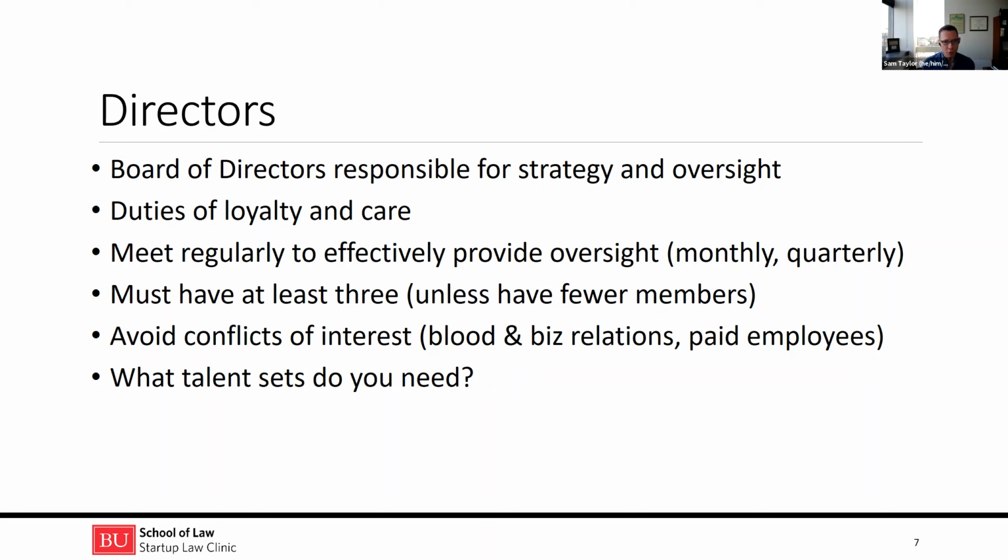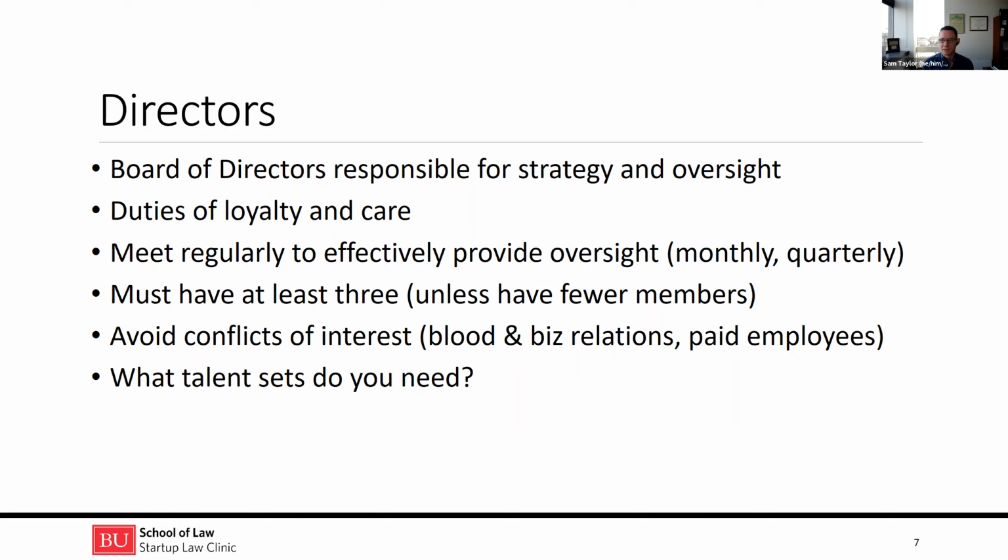So you've got a board of directors, and they're responsible for the strategy and oversight of the nonprofit. So not necessarily the day-to-day operations, but they're the ones figuring out the long-term goals and direction of the nonprofit. And directors of nonprofits have certain legal obligations called fiduciary duties. We've identified the two key ones here: duty of loyalty and duty of care.